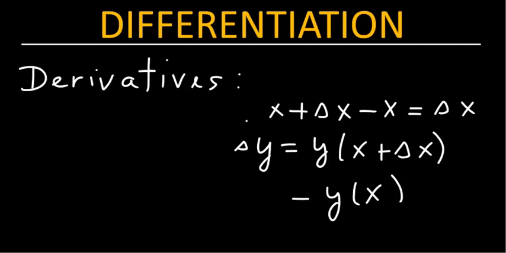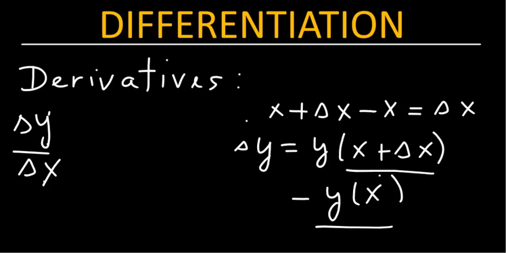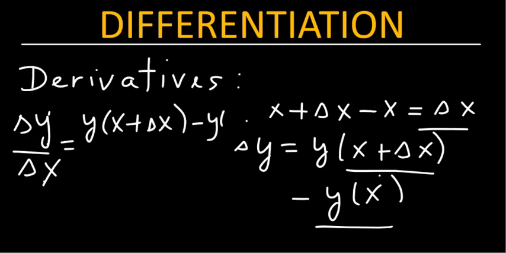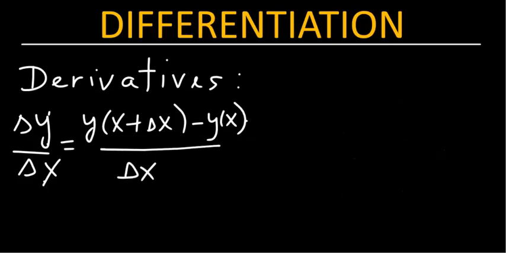Now let's calculate the following ratio, delta y over delta x. From these definitions, delta y over delta x is quite simply y(x plus delta x) minus y(x), over delta x. Let's see what happens if you let delta x go to 0, if you take the limit of delta x approaching 0.